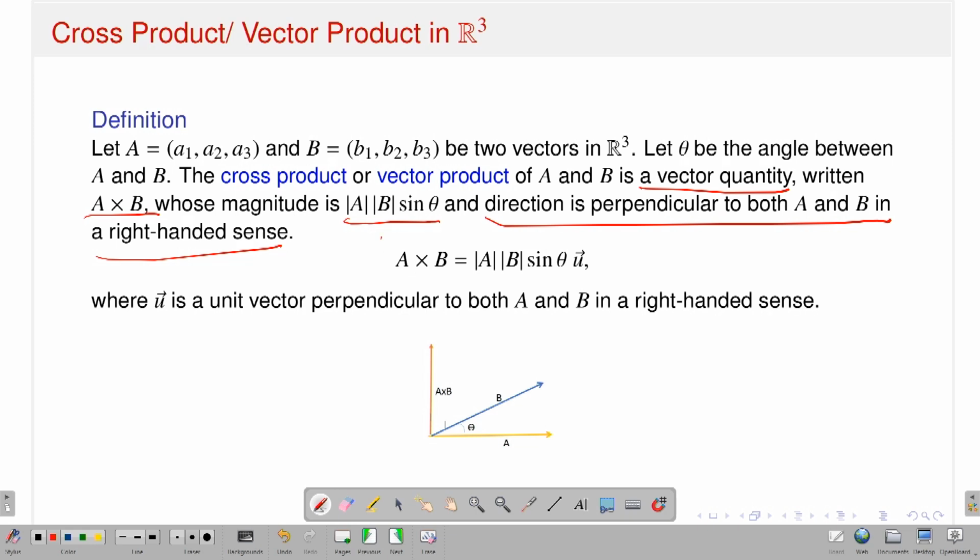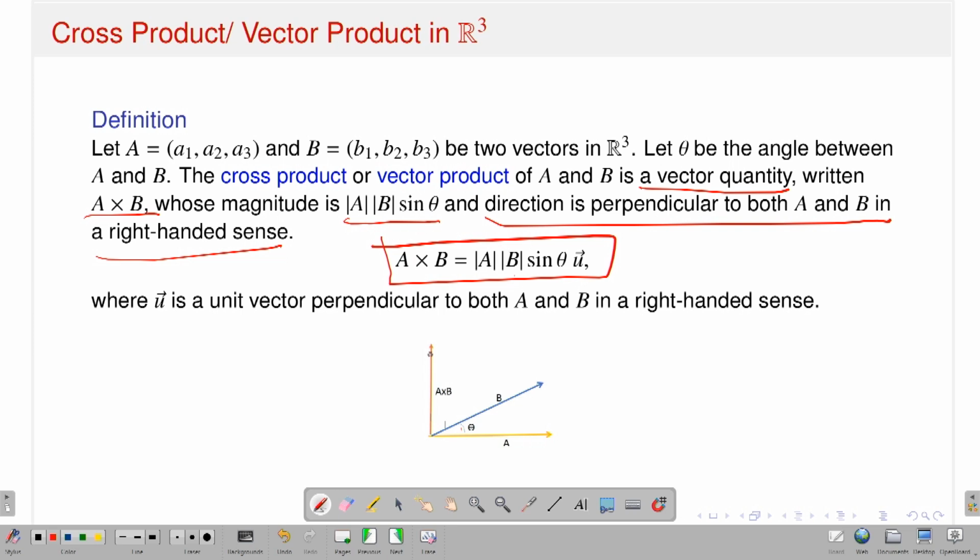So this A cross B is equal to modulus A modulus B sin theta u vector, where u vector is the unit vector perpendicular to both A and B in right handed sense. Here the vector A is there, vector B, and the angle between them is theta.